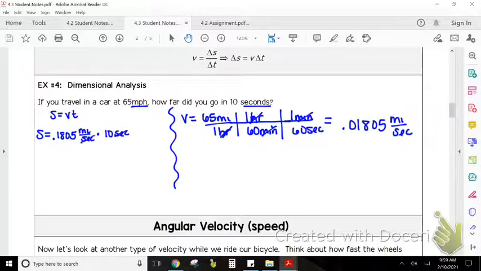And so my seconds will cancel, and 0.01805 times 10, I'm sorry, I wrote that wrong. There should be a 0 there. Did I do that on the other one? I did. I just miscopied it there. So when I multiply that times 10, that's where my 0.1805 miles is our answer.